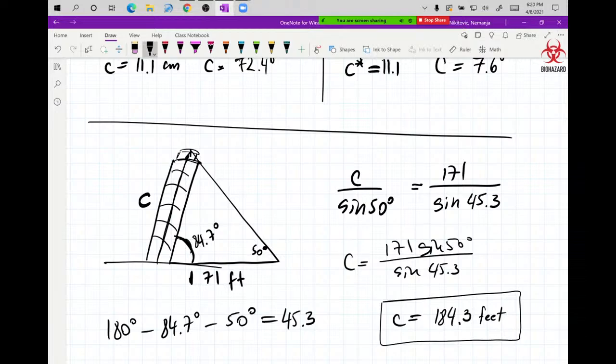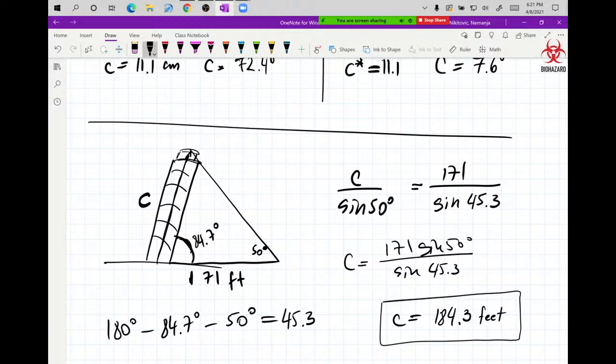So you need to memorize that three-sided formula, and then you need to also add the angles so that you can find the third angle, because 171 was across from the angle whose measure was not given to you. You had to find that measure first. Now, is this realistic for us to measure the tower this way? Absolutely, because you can see the angle of 84.7.